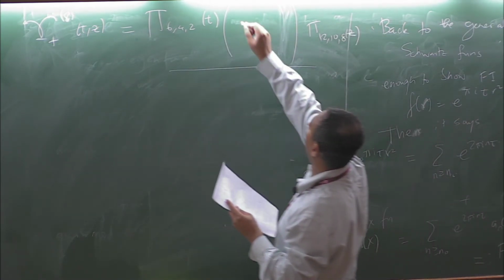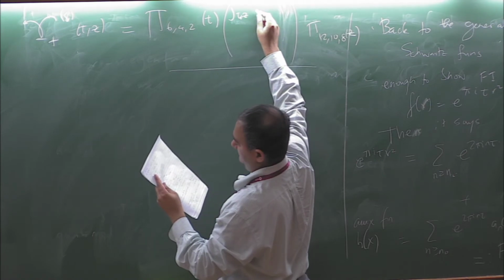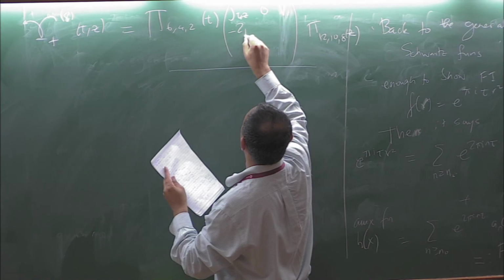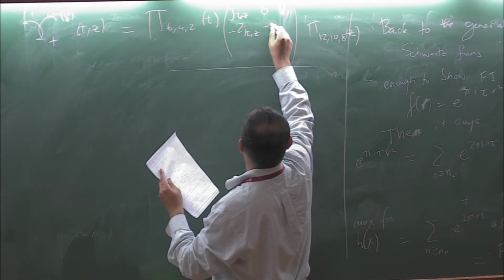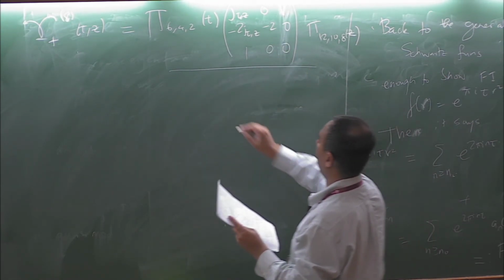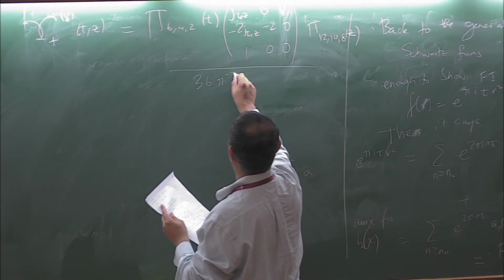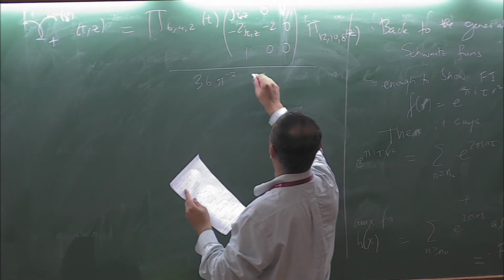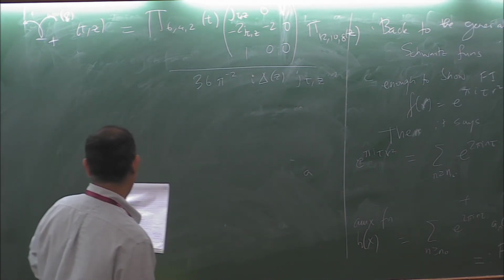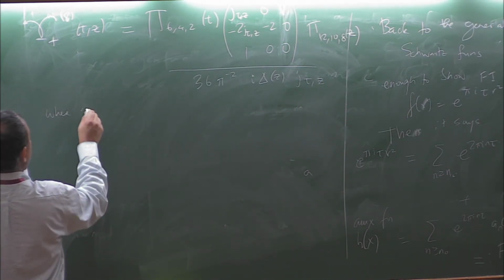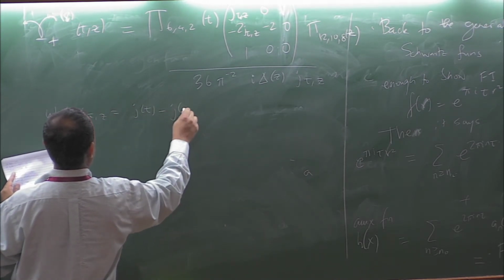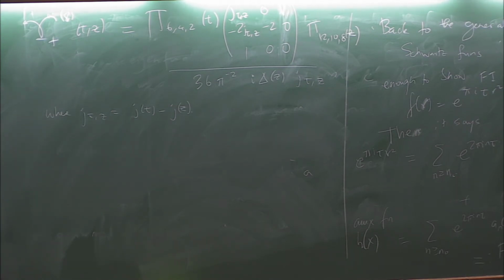The matrix is J sub tau z, 0, 1, minus 2 J sub tau z, minus 2, 0, 1, 0, 0, divided by 36 over pi squared i delta of z, where J tau z is J of tau minus J of z.